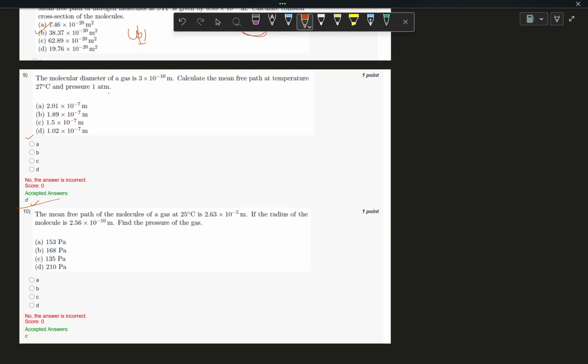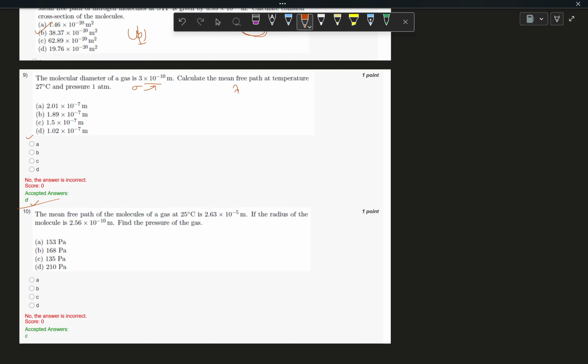It says that the molecular diameter of a gas is 3 into 10 to the power of minus 10 meter. Then calculate the mean free path at temperature 27 degrees centigrade and pressure 1 atmosphere. So sigma, the molecular diameter, is given.